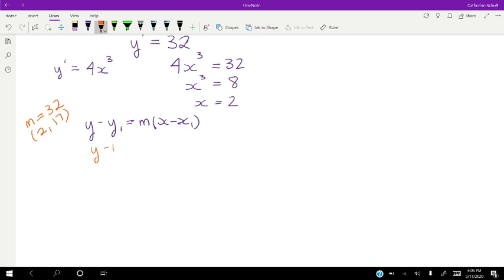So y minus 17 equals 32 times x minus 2. All right, solve this for y. Distribute that 32. All right, and then you add your 17 to both sides.